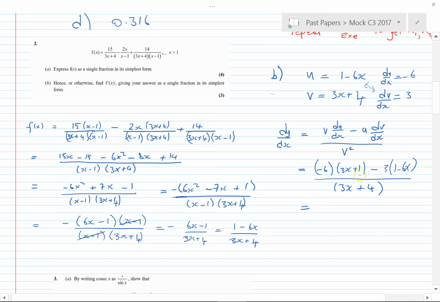We get minus 6 there, and that's squared there, so that's, oh no, of course there's a 4 there, which I've also missed out, so it's 3x plus 4, so it's minus 24 minus 3, so it's minus 27 over 3x plus 4 squared.